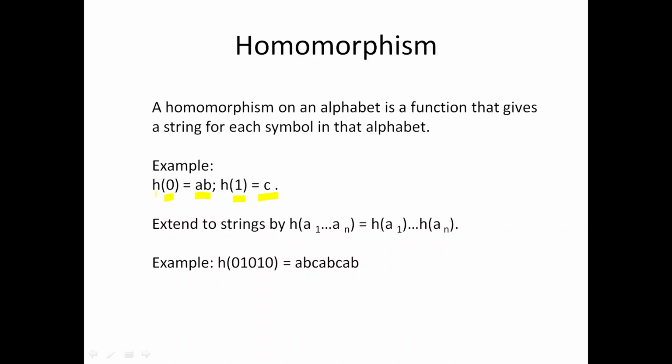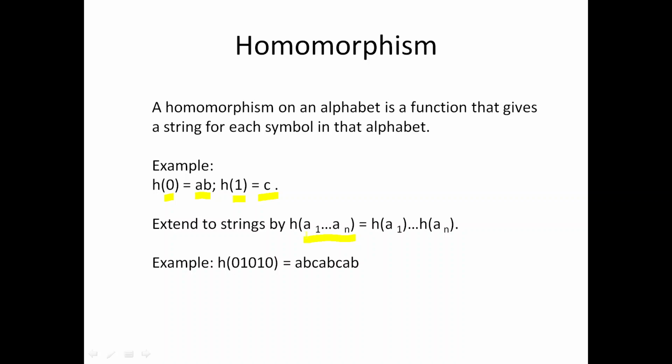So H is now applied to symbols of the alphabet set. We can also extend it to a string. Suppose A1, A2, A3, etc., An is a string where A1, A2, An are symbols from the set sigma.